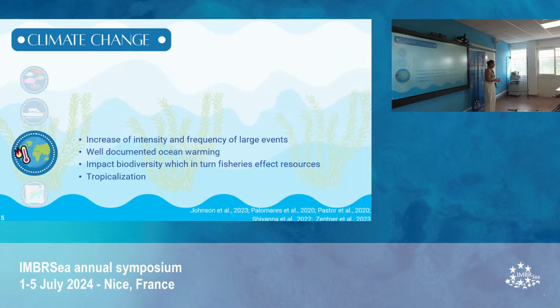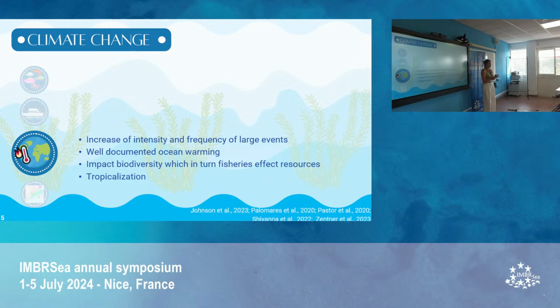So, climate change. We all know there's a lot happening in our world right now, but I'm going to focus on sea surface temperature. This is an especially important impact to the Mediterranean because compared to the global average, its surface temperature is increasing 3 to 4 times faster.